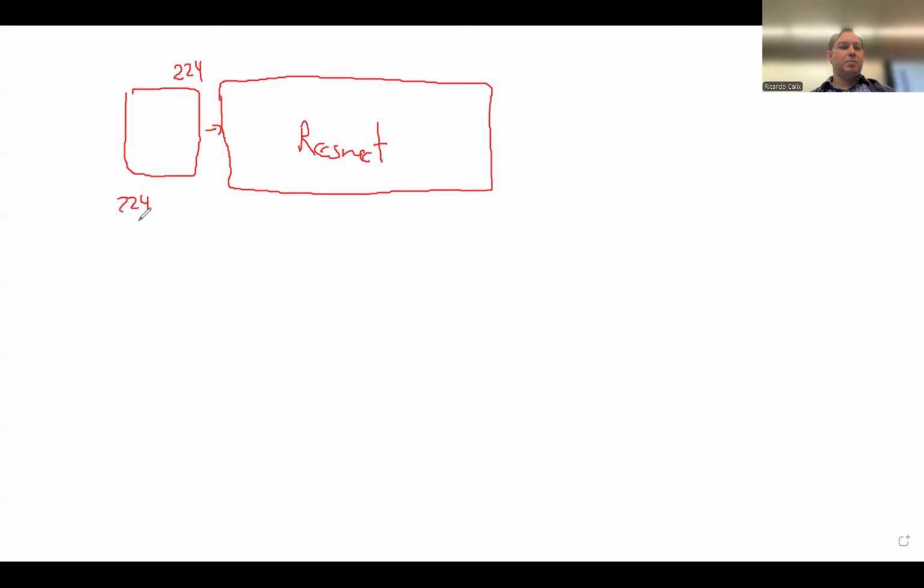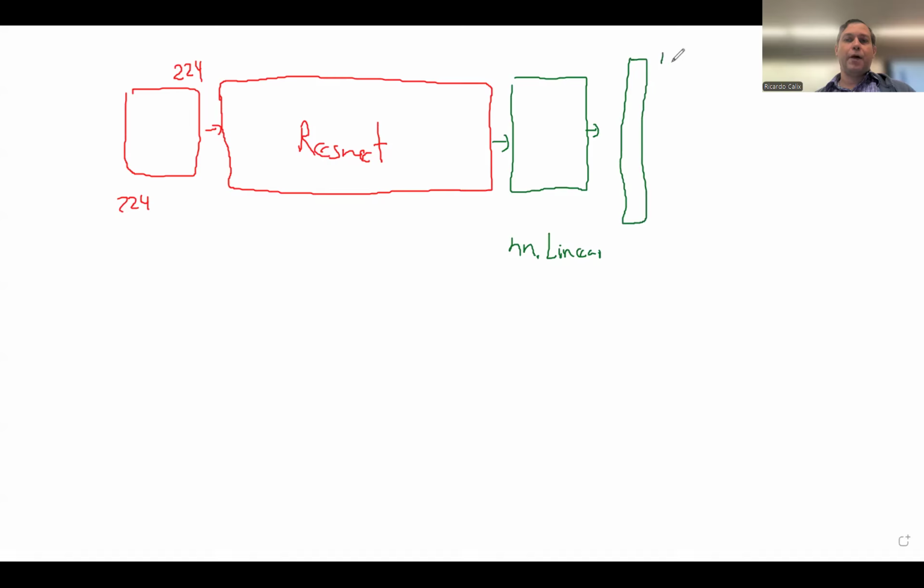Then it has this component here, which is just regular nn.Linear functions. These are called feed forward, but they're just a traditional nn.Linear. And then these predict a vector of size 1,000, which was trained on 1,000 classes.